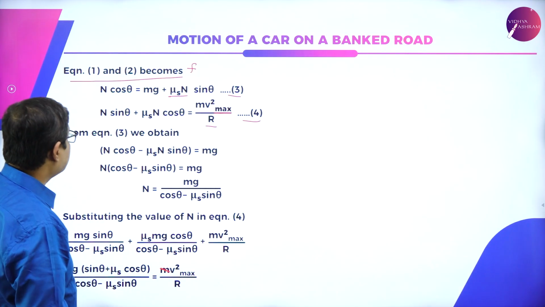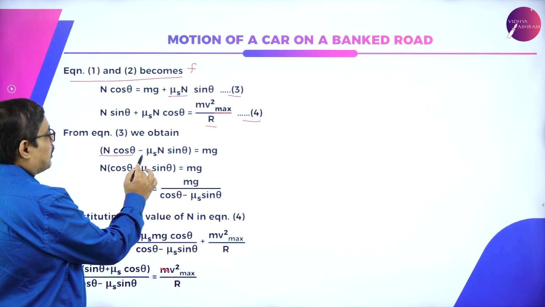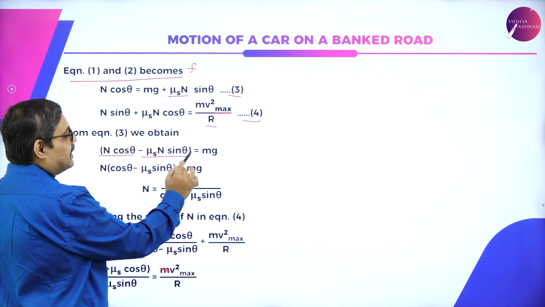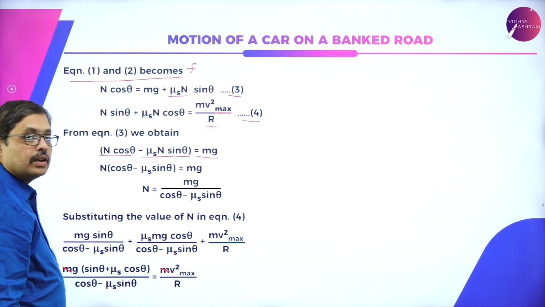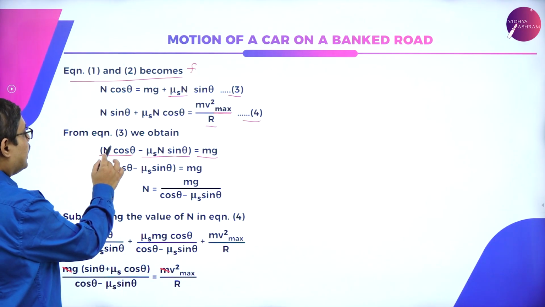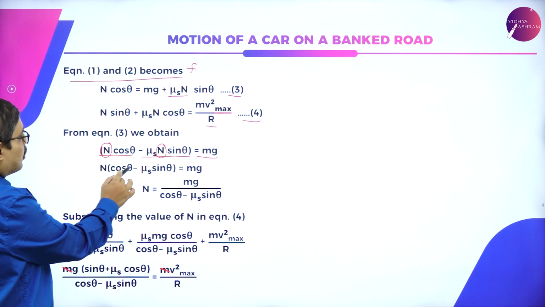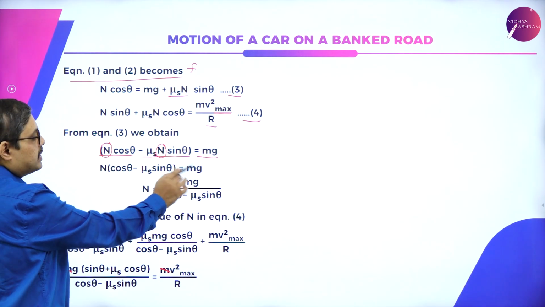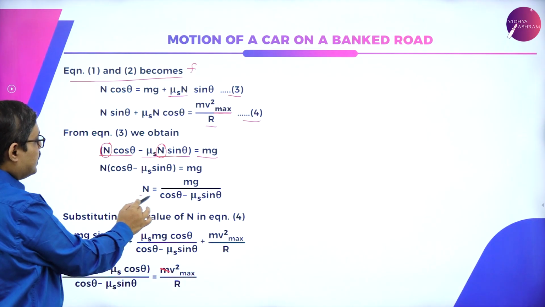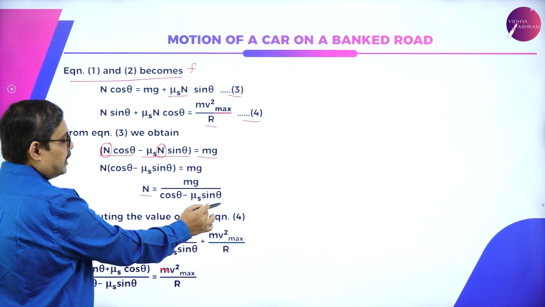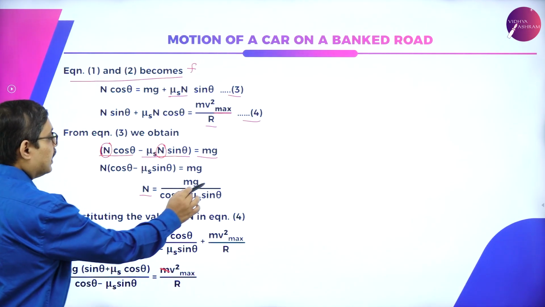Have a look at equation 3. N cos theta minus mu s N sin theta equals mg. What do I observe? I observe that N is common. Let me take it as common. N into cos theta minus mu s sin theta equals mg, or N is equal to mg by cos theta minus mu s sin theta.